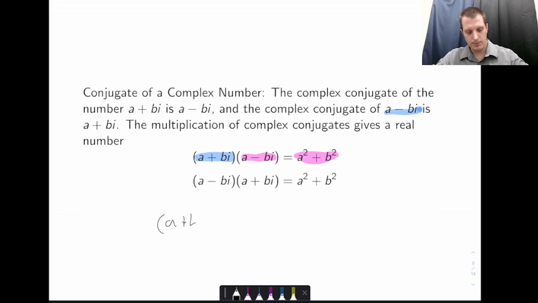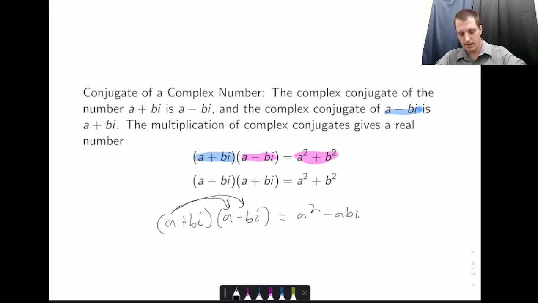So a plus bi times a minus bi. If we distribute, we're going to get an a squared. We're going to get a minus abi, and then a plus abi, and then a minus b squared i squared.